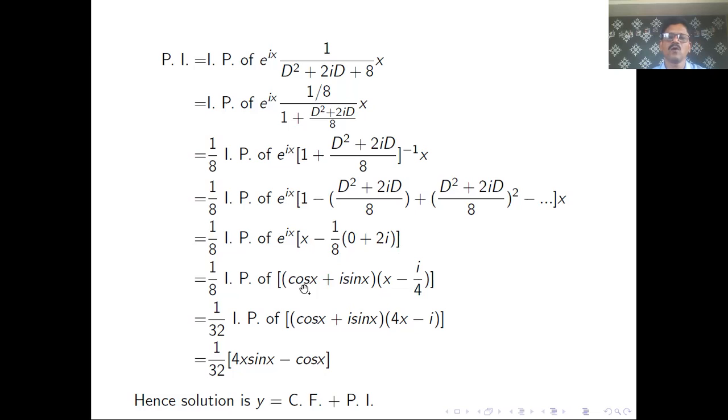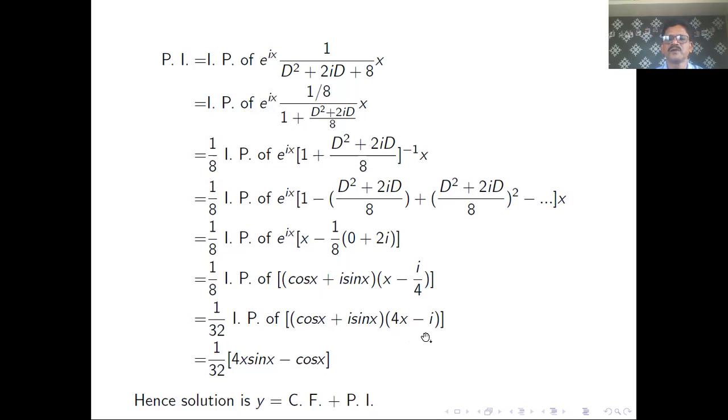I have taken this 4 to be outside. So 4 into 8 you will get here 32. Here IP of remains as it is. Here cos x plus i sin x as it is. Here you will get 4x minus i.